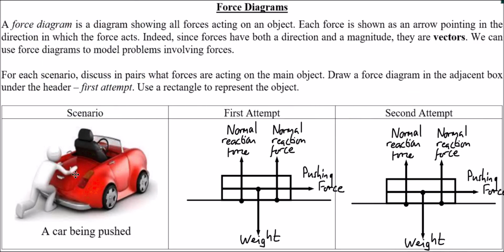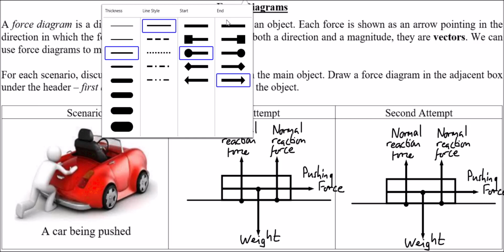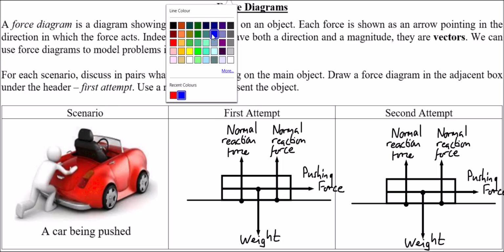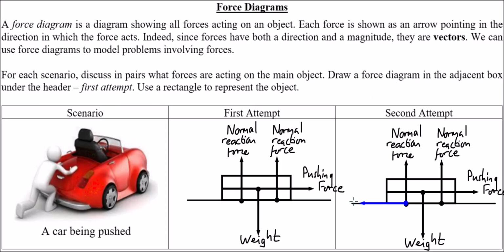However, there will be a force resisting the motion coming from this person pushing, and this force will be going in the opposite direction to the motion, which I'm going to just give as a slightly different arrow in a blue colour, and it's going to be the friction. There'll be a frictional force which will act against the line of motion.